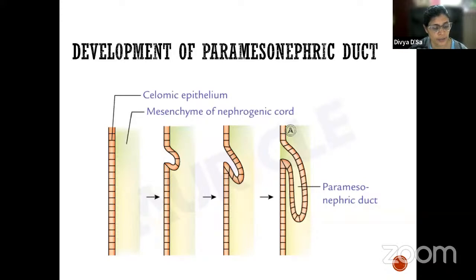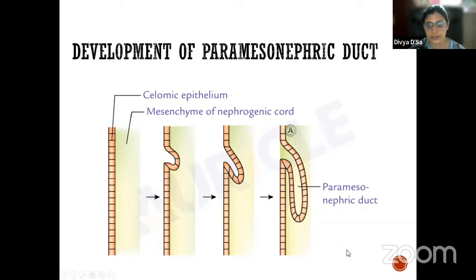The paramesonephric duct develops lateral to the mesonephric duct by invagination of the coelomic epithelium. This will extend caudally in front of the mesonephric duct from the lateral to the medial side and comes closer in the midline.